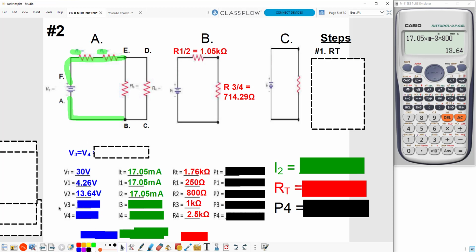But since I dropped some voltage at V1 and I dropped some voltage at V2, I have to take that out of the total in order to find the value of V3 and V4. So V3 will equal V4, which will equal the total voltage here minus V1 plus V2. And that tells me that both of those voltage amounts will be 12.1 volts.